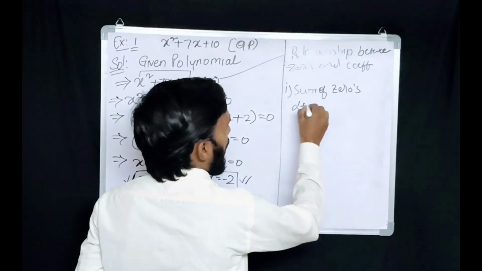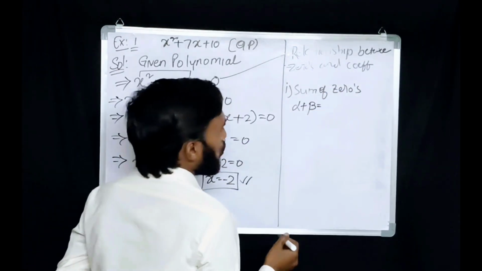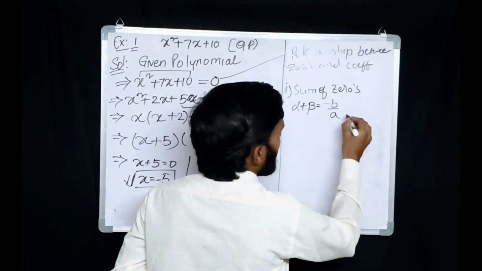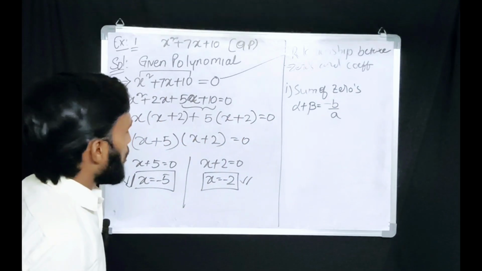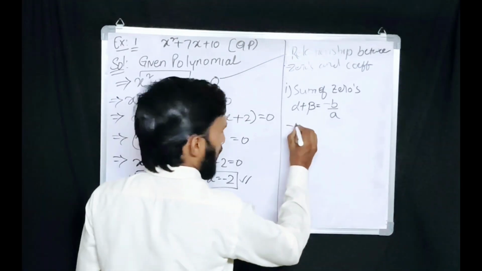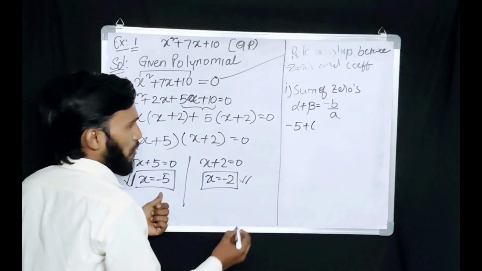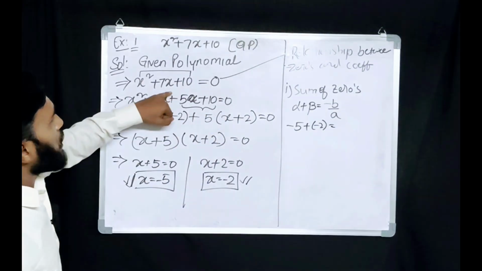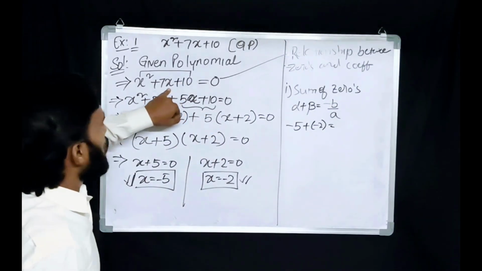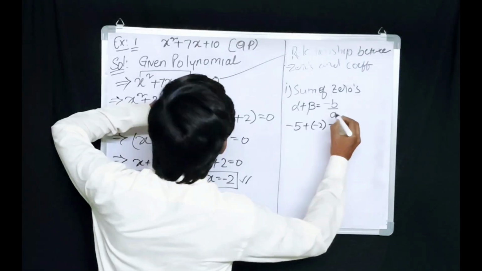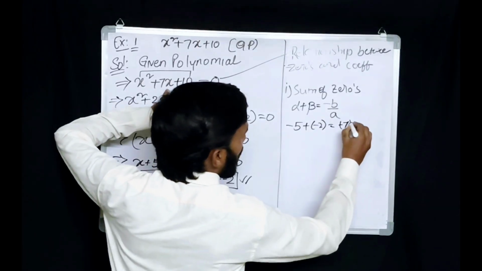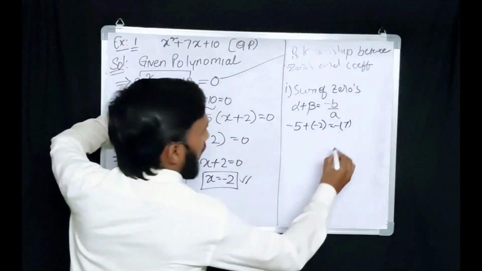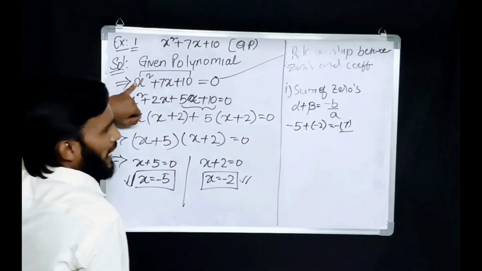Alpha plus beta is equal to minus b by a. Here alpha is minus 5, plus beta, the second value, minus 2, is equal to minus, what is the coefficient of x here? 7, and what is the coefficient of x square?